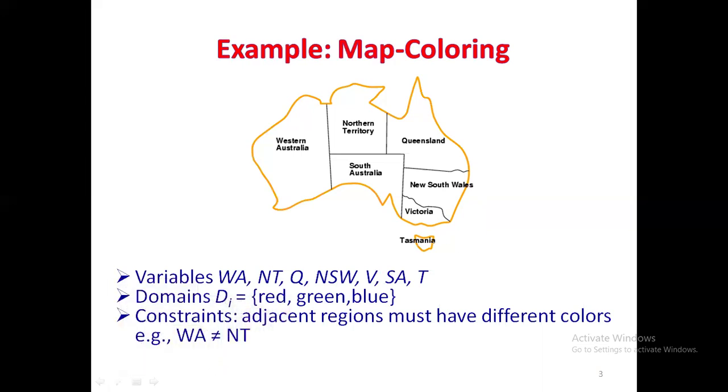So the variables we are taking are: West Australia, represented as WA, Northern Territory as NT, Queensland as Q, New South Wales as NSW, Victoria, South Australia, and Tasmania, which we represent as T. For the variables' domain, we are going to consider three colors.